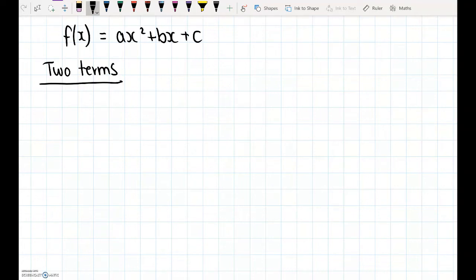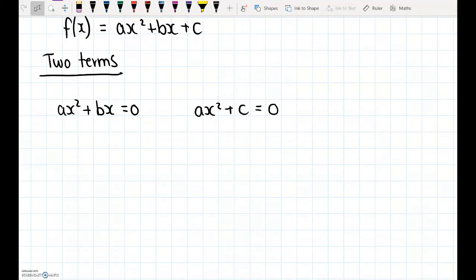These are the easy ones to solve because we either have ax squared plus bx is equal to 0, or we will have ax squared plus c is equal to 0. For the first type, ax squared plus bx equals 0, the strategy is to factorize.